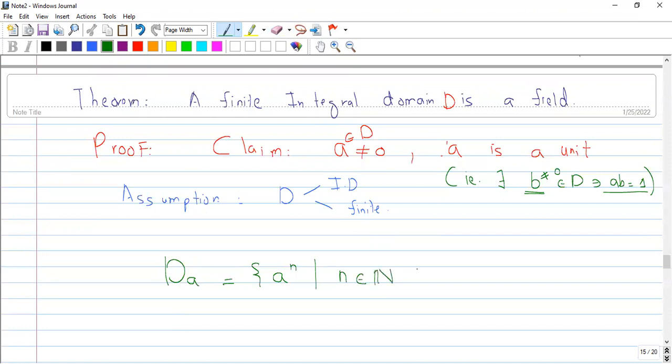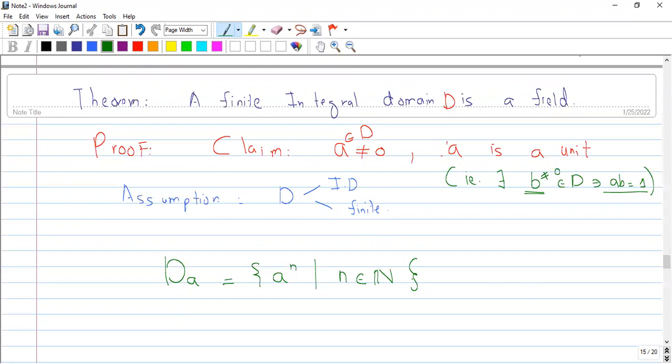Okay, let's say this DA. So here it contains 1, A, A^2, A^3, and so on.